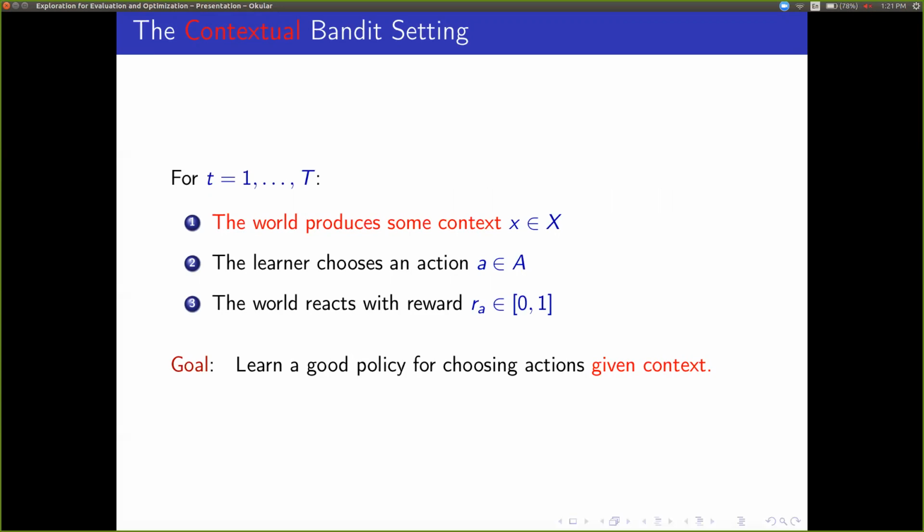So in full reinforcement learning, you have the same kind of loop, but now the reward can depend upon the previous T actions. Ah, right. So that's some memory. Yeah. So we're thinking of a situation where there is no memory, where the reward is associated with that action in that context. Right? And it makes a huge difference as far as how tractable things are.